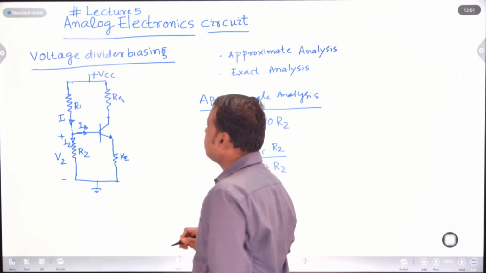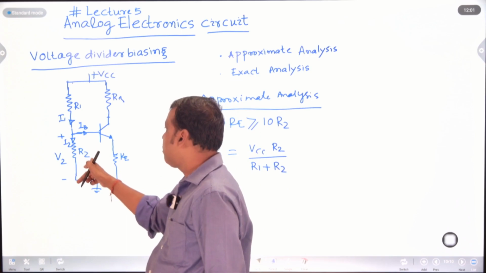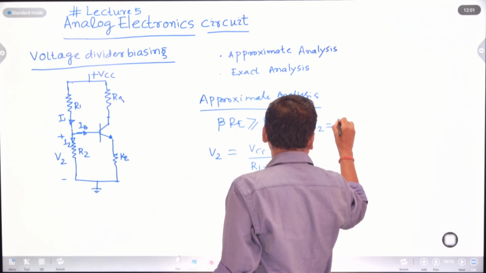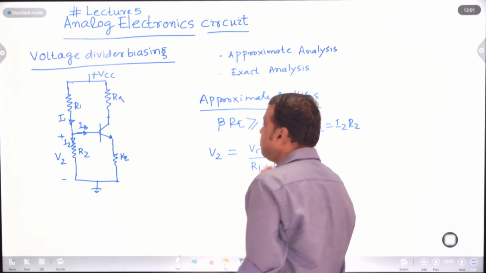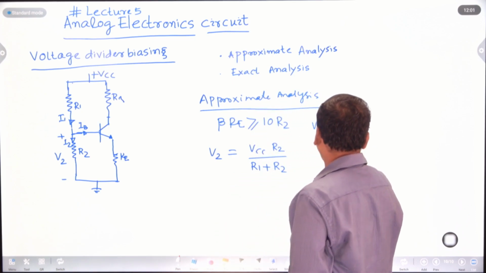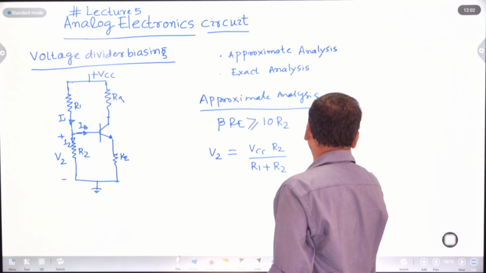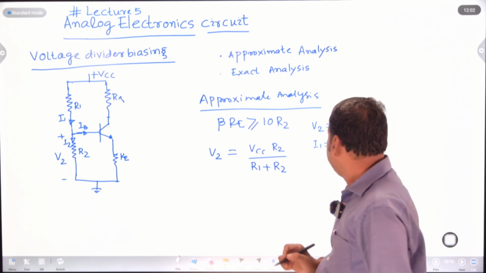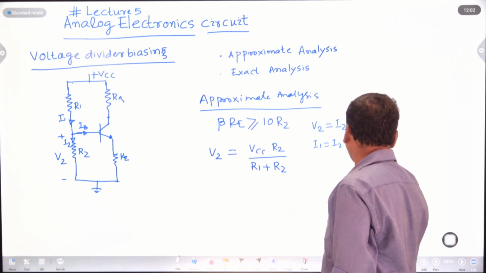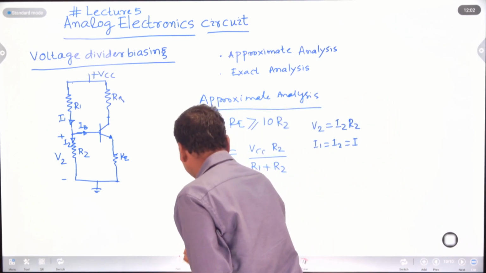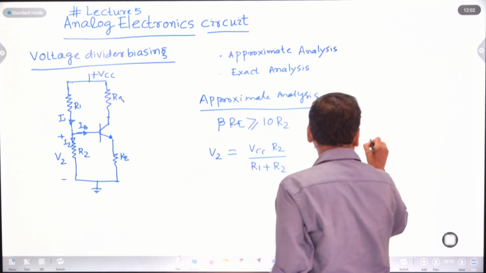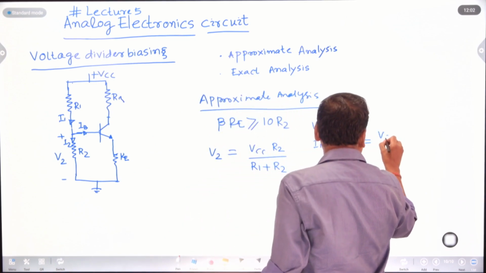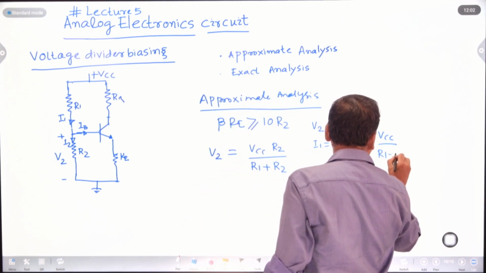How? Because V2 is the current in the resistance, I2 into R2. Since I1 equals I2 equals I, because the series current is the same, what is the value of I? The total voltage is VCC, divided by R1 plus R2.